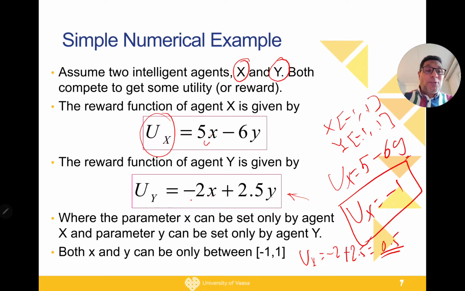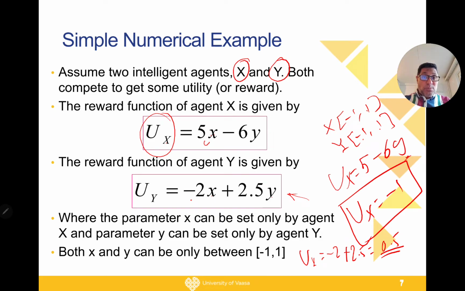If X and Y are friends and decide that we shouldn't harm each other, and they collaborate and have good communication, then X asks Y, please put your Y equal to 0 and I will put my X equal to 0, then we will be fair. So I will lose nothing, but you also will lose nothing. In that case, both X and Y equal to 0.